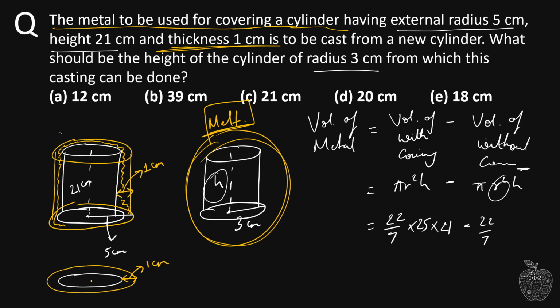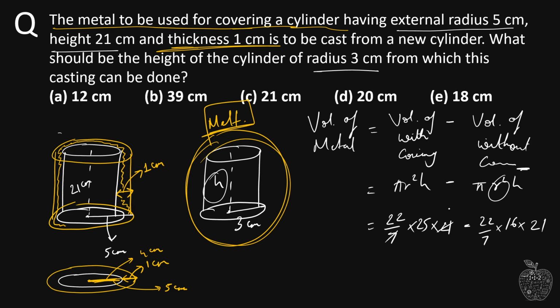So if from the center to the external covering the total distance is 5 centimeters and the thickness is 1 centimeter, the radius of the inner cylinder will be 5 minus 1, 4 centimeters. So 4 4s are 16 and h is again 21 centimeters.